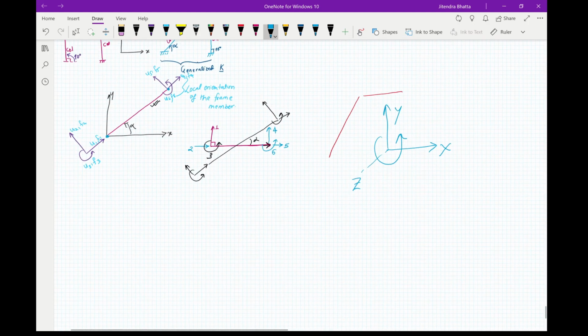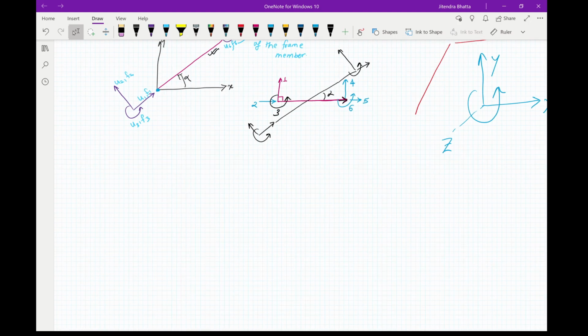Now to do this, for the global system, this is our x, this is our y. If this was our frame, now for the global one, let's say this degree of freedom here is capital Ux1, and the force is Fx1.